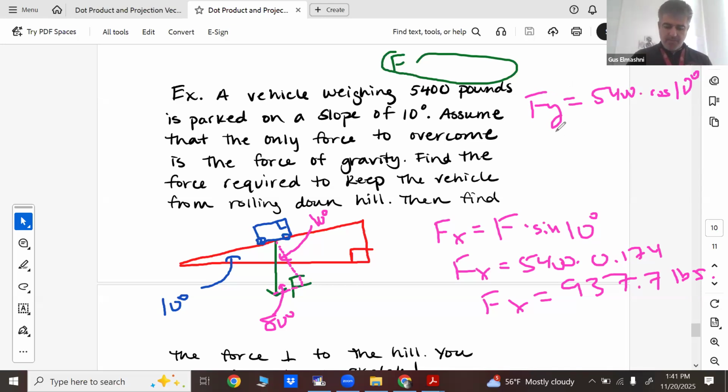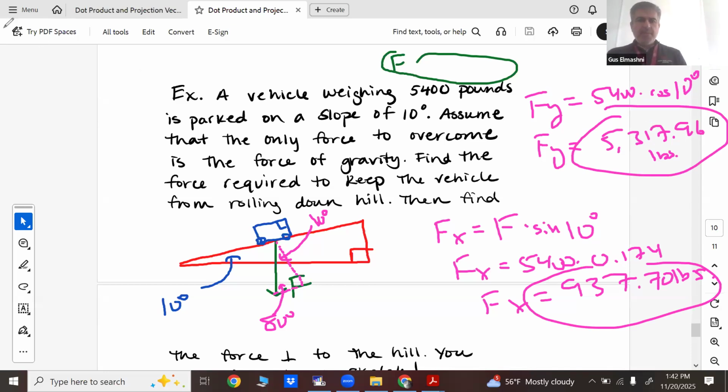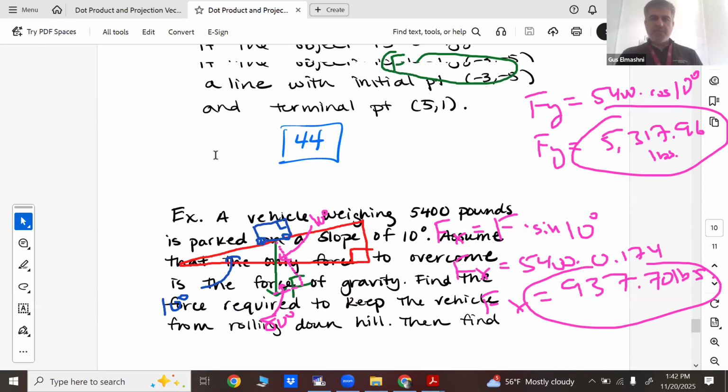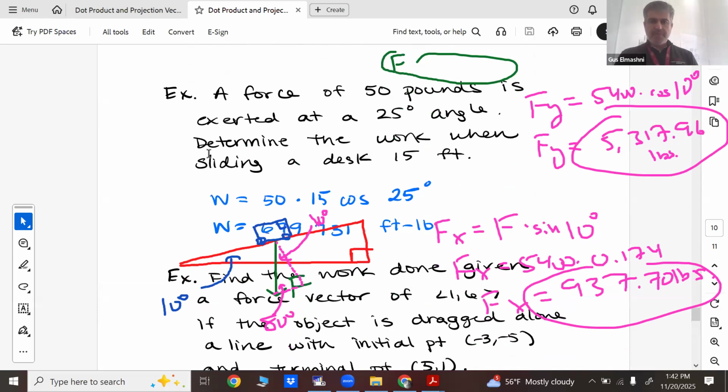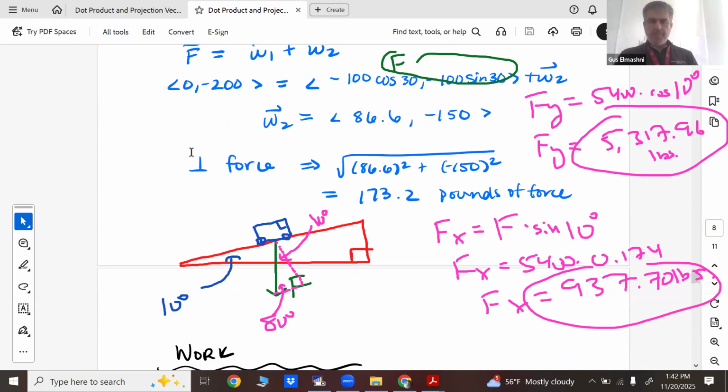If I do that, you should get the perpendicular force. Okay, I think that pretty much completes everything here.